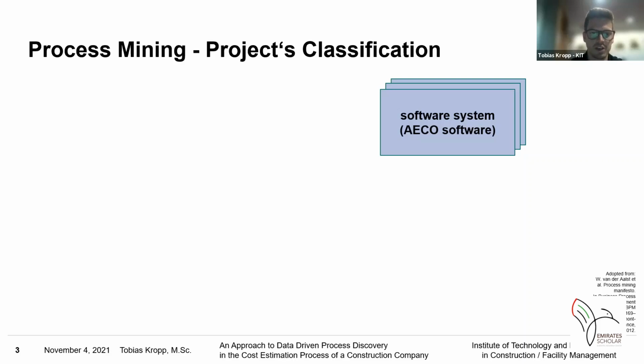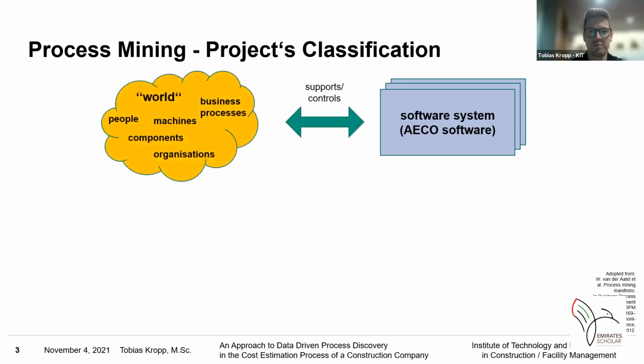It could also be ERP systems, document management systems, whatever. They support and control actual business processes that are worked on in construction companies, facility management companies, and like companies from the AEC industry: architecture, engineering, construction and operation of buildings.